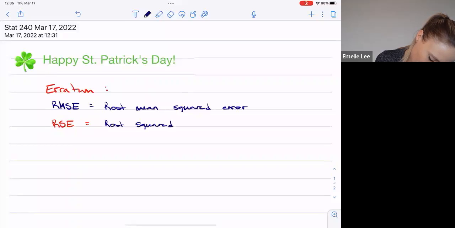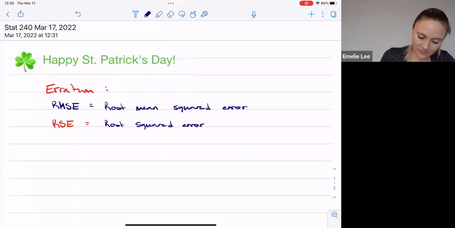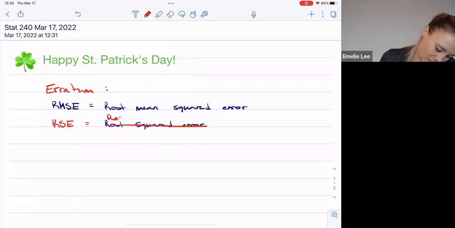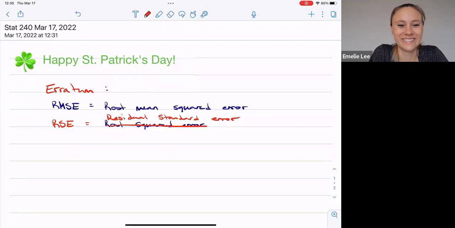That's wrong. It should be the residual standard error. That's okay. Usually we just use the acronyms.